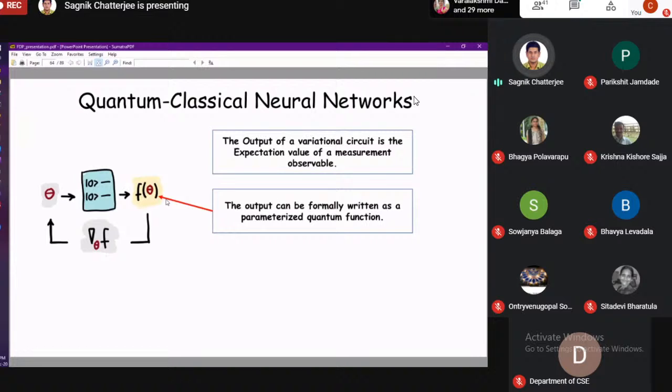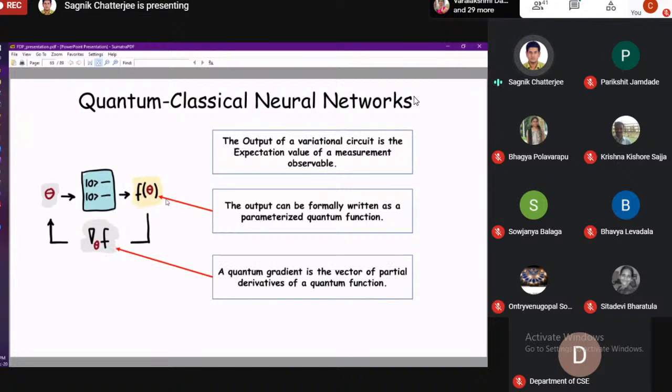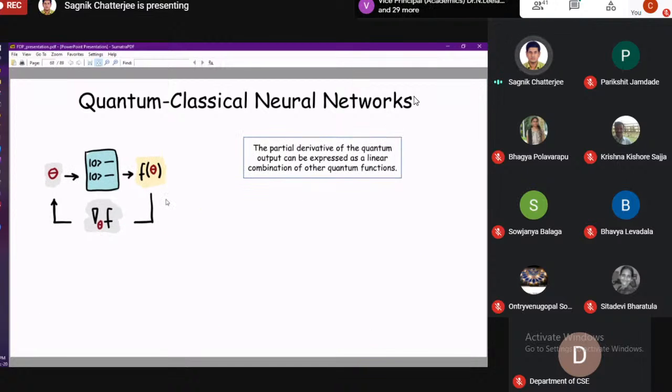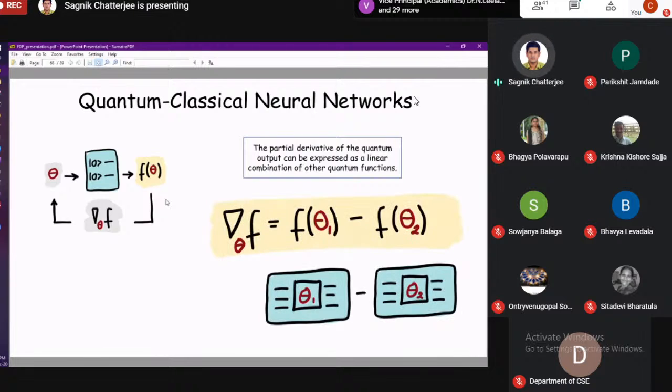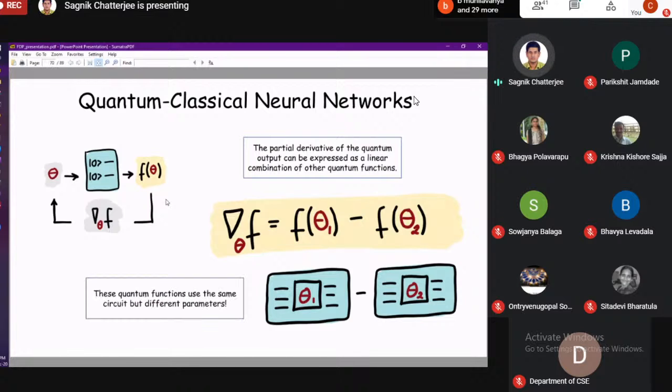If we had to do it classically, I showed you we cannot, since it would take an exponential amount of time to calculate in the first place. So what we do is we use the parameter shift rule, with the same circuit but different parameters, and this allows us to calculate the gradient for this function. So theta 1 and theta 2 are actually related to theta in that they are shifted by a certain angle.